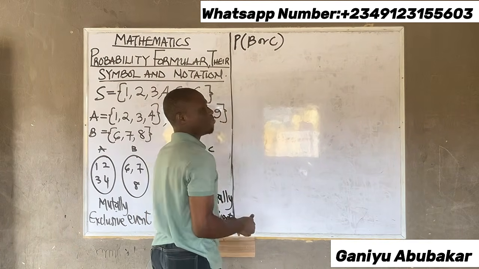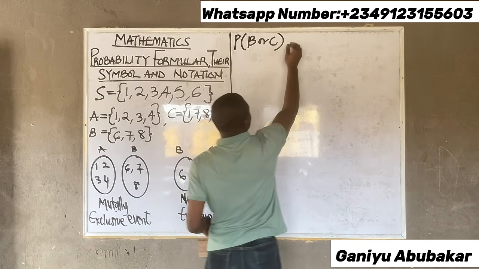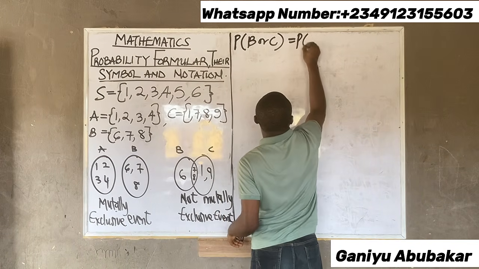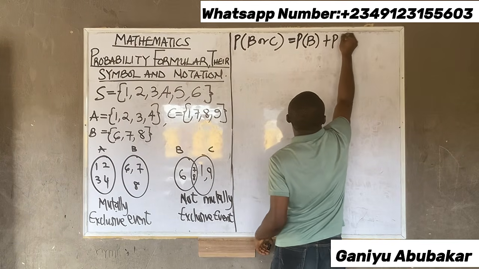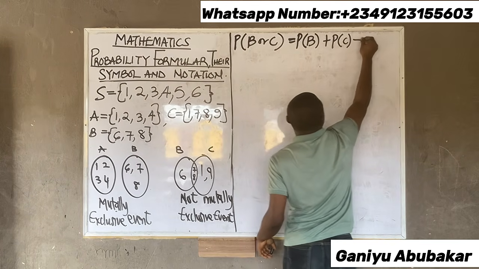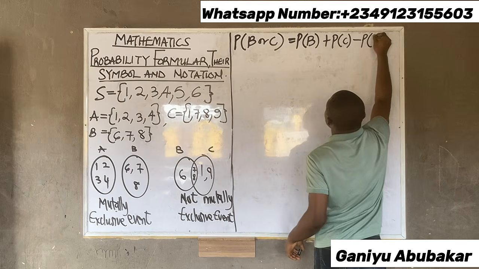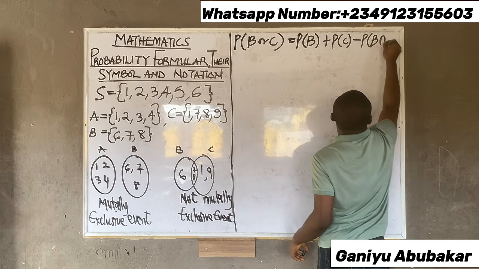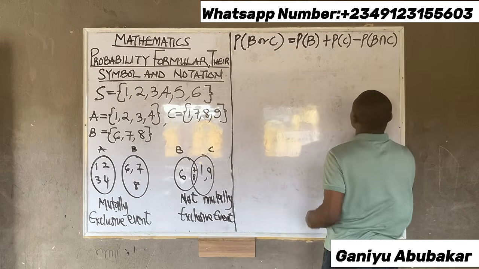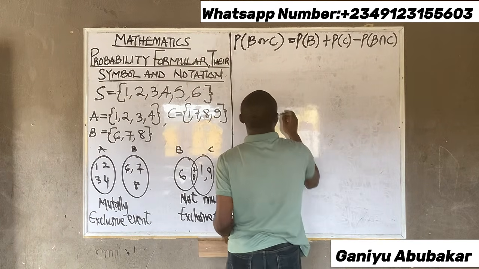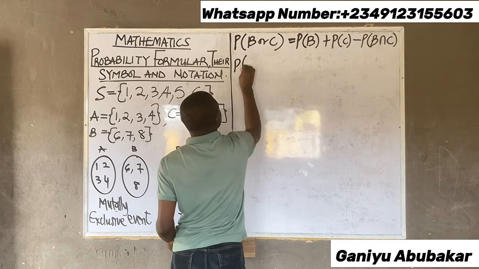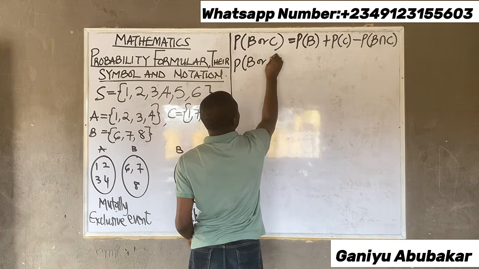Now, let's apply the formula first. I said the formula is equal to the probability of B occurring plus the probability of C occurring minus the probability of B intersection C, B and C. The formula I gave you earlier. Follow the pattern. Now, this gives you the probability that event B or C will occur.